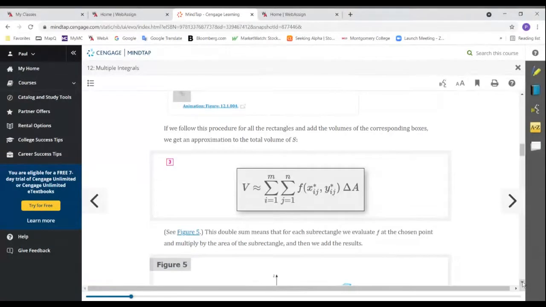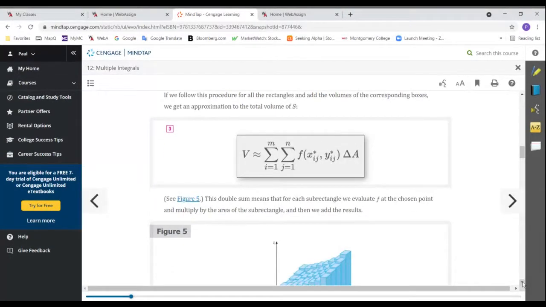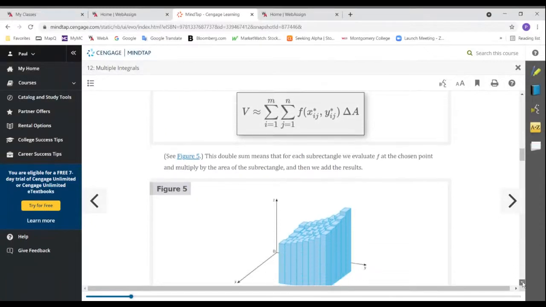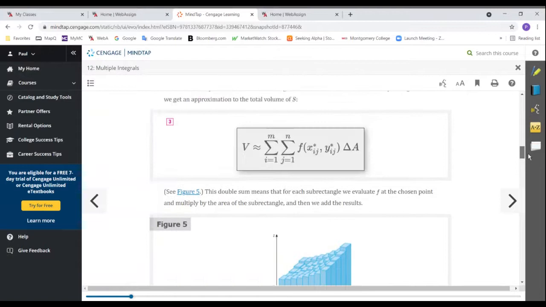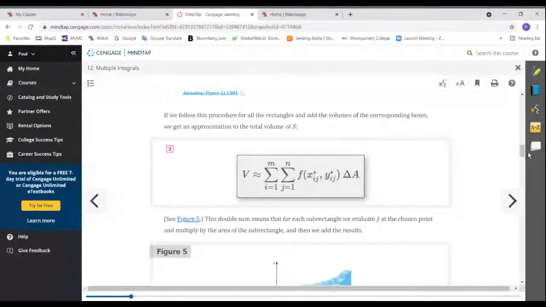But of course, in order for this approximation to be accurate, we have to take more and more boxes or bricks. Just like the Riemann sum in calculus 1, as you take more and more subintervals, the Riemann sum becomes an integral, for the area under a curve.